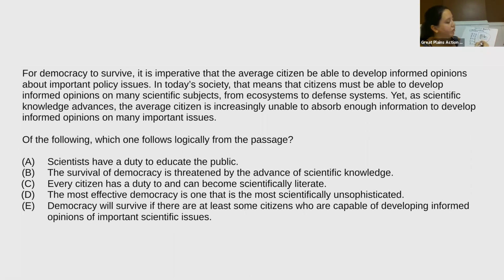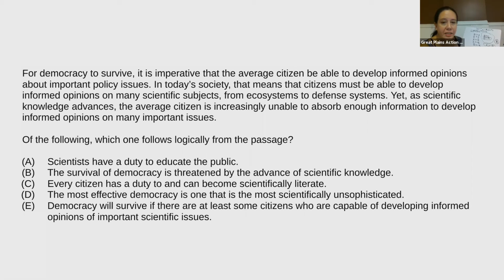We can switch these around again. So if D, then not K is the same as if K, then not D. So the survival of democracy is threatened by the advance of scientific knowledge. So the knowledge threatens to not have democracy survive. B. All right. We can quickly look through the other ones.